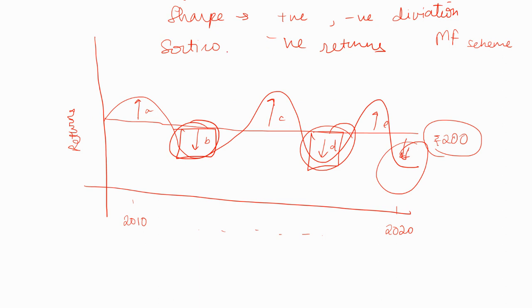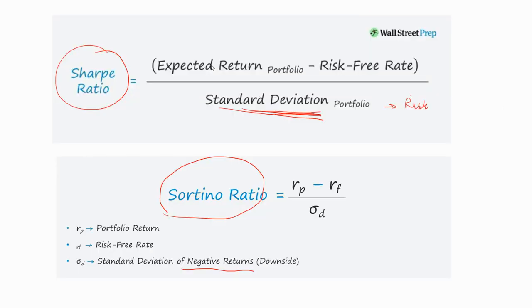So that is why we say that Sortino ratio is a much better representative of the risk that I've taken compared to Sharpe ratio, because in case of Sharpe ratio we take the general standard deviation, means we take the positive deviations also and the negative deviation also of the past few years, correct?